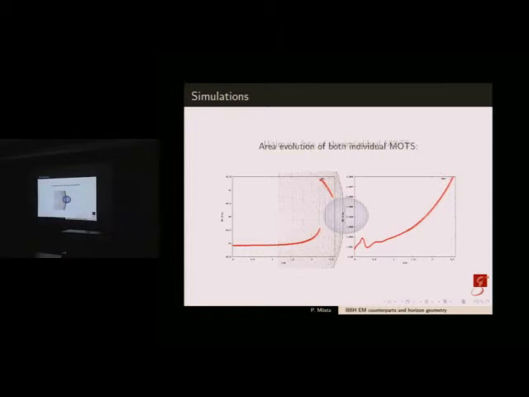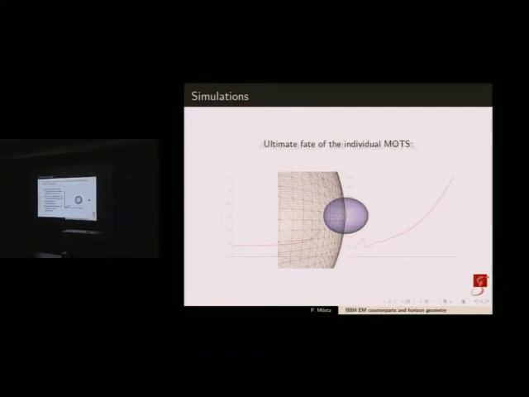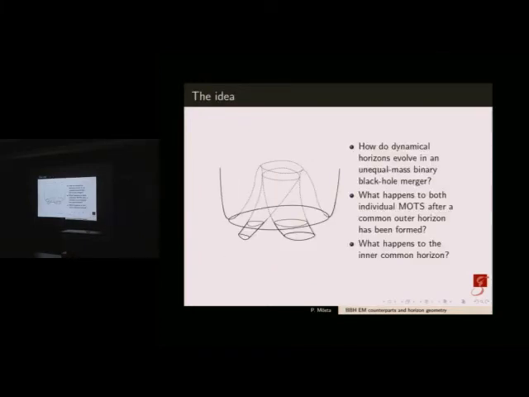Going back to one of the questions we wanted to answer, the ultimate fate of these two individual horizons: what happens? This is something we cannot really answer at the moment, but we might speculate about it. We see this jump in the area, and we also know that we lose the larger current horizon at some point. The scenario, if I go back to the sketch here, is that these two individual horizons connect via this dotted line to the outer common one, and this jump is an indication that we might be moving in that direction.